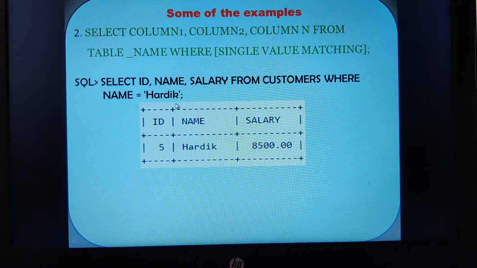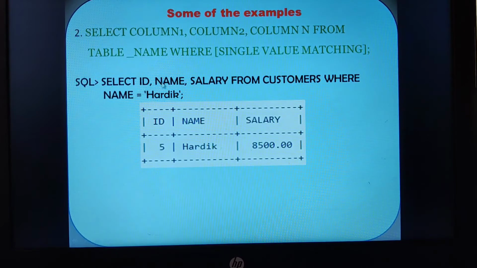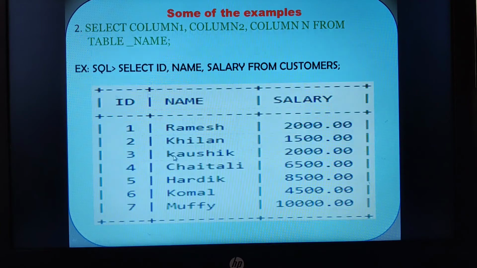I have given name is equal to Hardik. Then it would retrieve me only the ID, the name and the salary related to the person known as Hardik. So ID is 5, Hardik, 8500 is the salary.